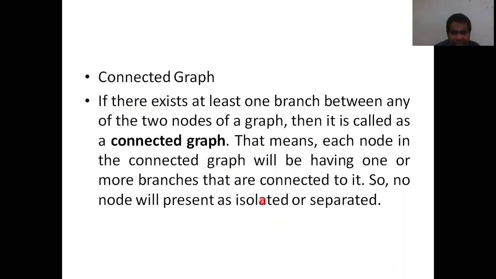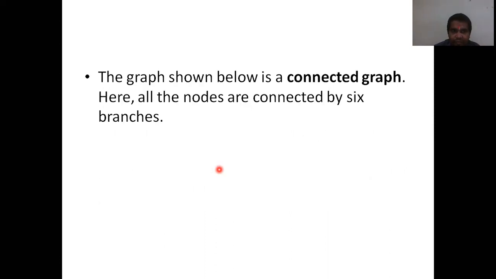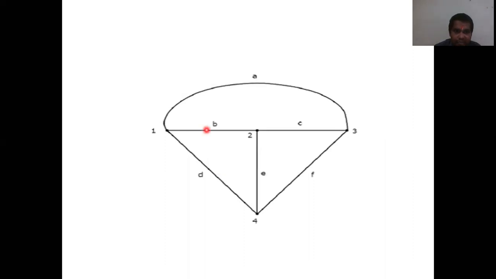Suppose you have four nodes in a graph, then all four nodes should be present and connected with branches. That is the connected graph. We can say this is my graph. I have node 1, node 2, node 3 and node 4.